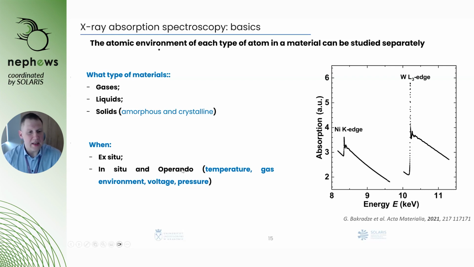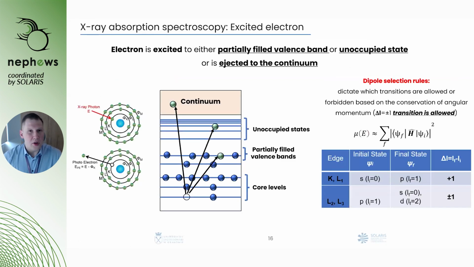We can also investigate how the structure of our materials changes when we change the parameters in which our samples are. In order to understand and analyze absorption spectroscopy spectra, it is better to understand what is going on with the electrons when they are excited from these core levels. We know that these electrons can be excited to a partially filled valence band, to an unoccupied state, or ejected to the continuum.